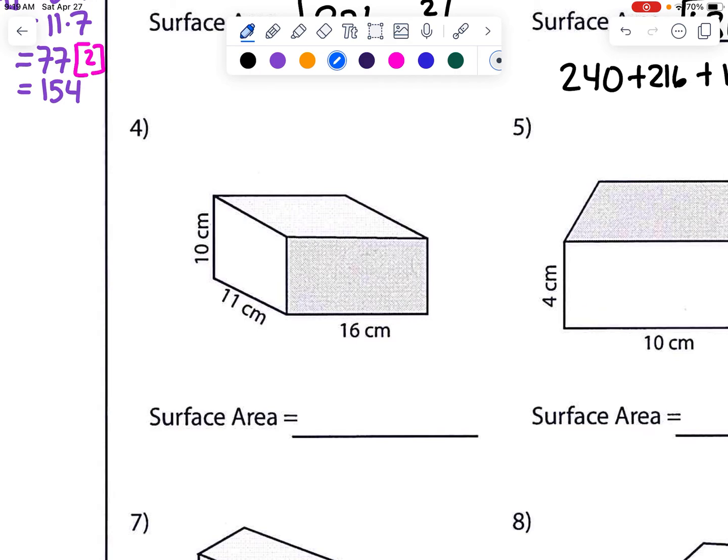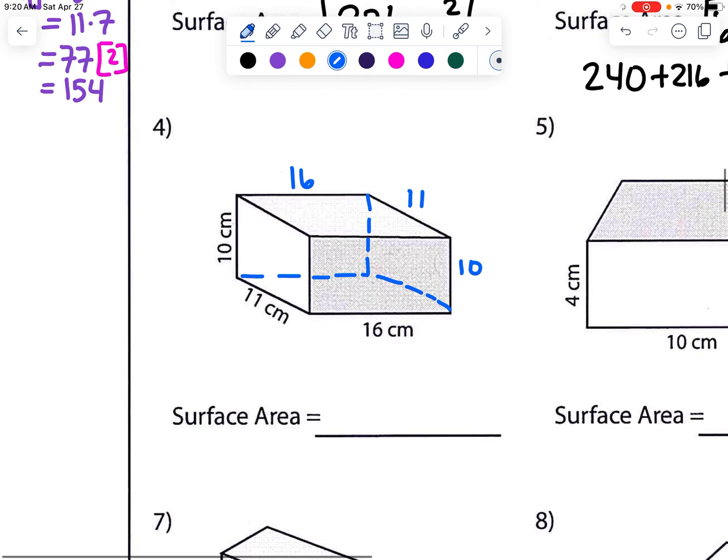Okay, before I start number 4, I'm going to add its three-dimensionality so we can see the faces better. I'm also going to input some more numbers so you can kind of see it better, okay? So the first thing we're going to do is highlight this blue bottom rectangle here.